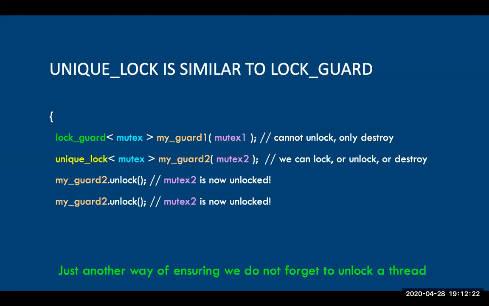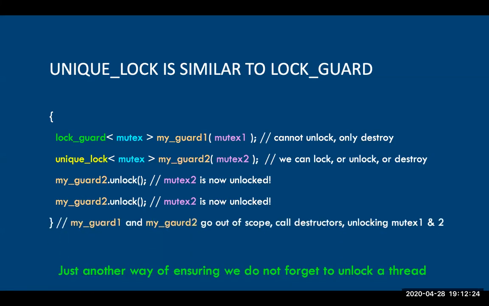So this is something that we can use with these condition variables if we want. And if they both go out of scope, then they're both going to get unlocked anyway. But this allows us a little bit more flexibility with the unique lock on guard 2 that lets us unlock that. Sorry for the extra piece of code in there. That's just redundant. So a unique lock is like a lock guard, but you can unlock it whenever you want. Yes, exactly.